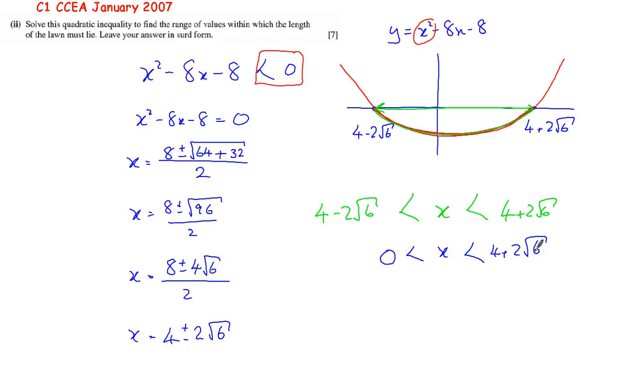This is mathematically the correct answer. However, we need to use a bit of logic and common sense and say, well, x is a width, so we need to reject anything that is a negative answer. And so our final solution for this inequality is 0 is less than x, which is less than 4 plus 2 root 6.